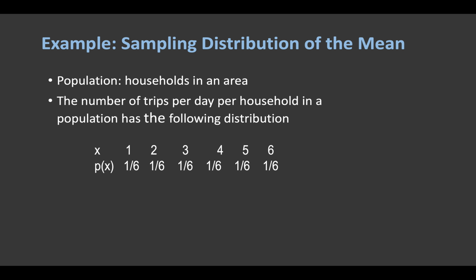So assuming this is for the entire population, right? We find that 1/6 of all the households make 1 trip. 1/6 make 2 trips, 1/6 make 3 trips, and the same 1/6 make 4 trips, 5 trips, and 6 trips, right?